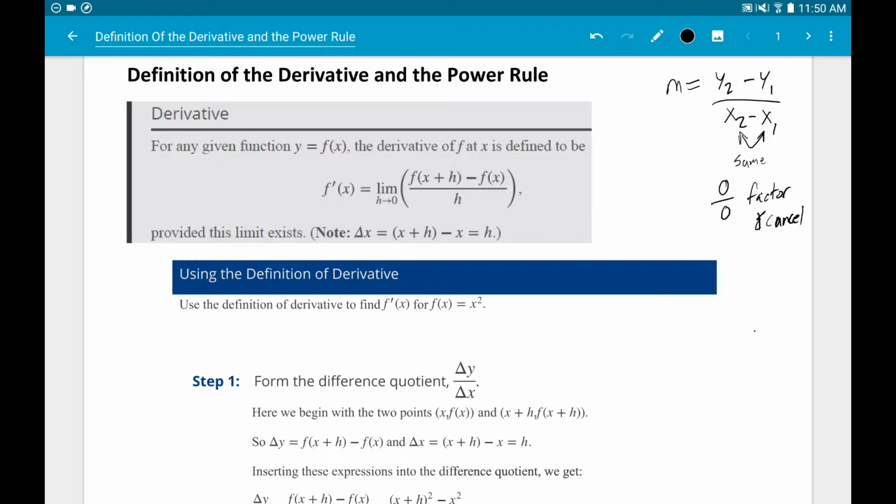First thing, what they're doing here when they say h is the distance between the two x values.